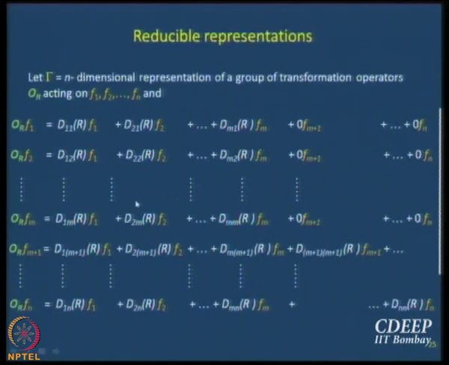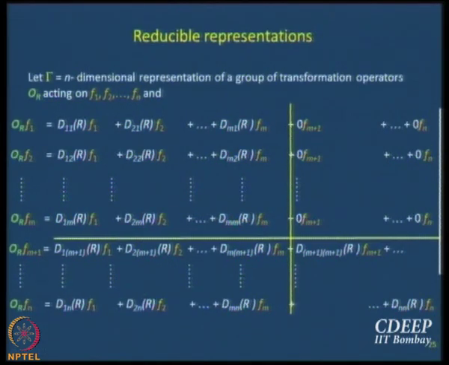Let us see whether these are 0 or not, we will see. Now I want to isolate the zeros, so I will draw these two lines. Then this is a 0 block, this is a non-zero block. What are these? We will see.